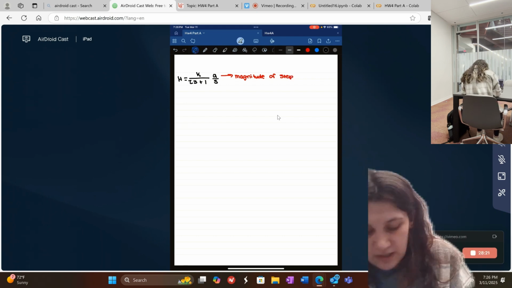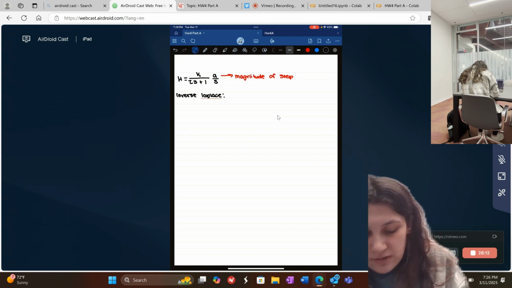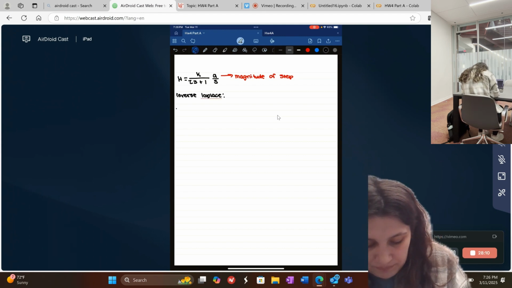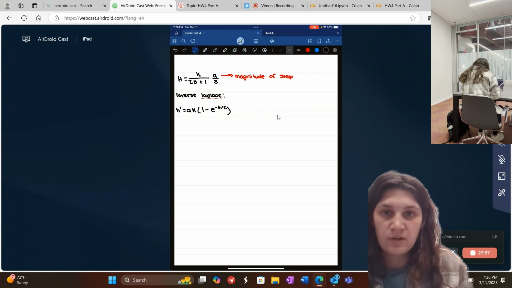Now, if we take the inverse Laplace of this, what we end up with is h prime is equal to A times K times 1 minus e to the negative t over tau power.